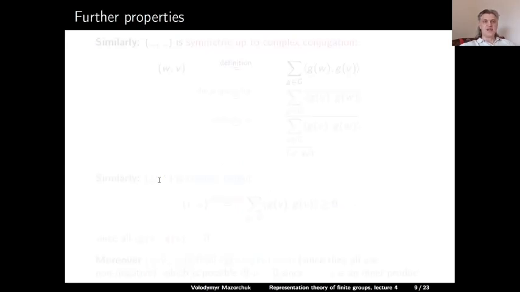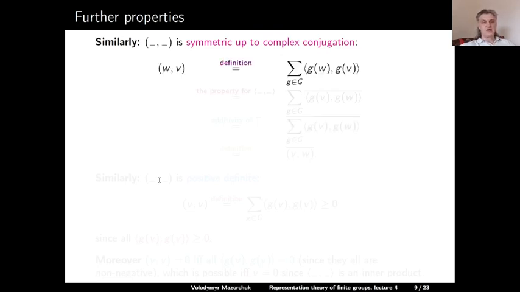Next, let us check that the new inner product is actually symmetric up to complex conjugation. Take any two elements v and w in V, and let's write the new inner product of w and v. By definition, this is the sum over all g in G of the old inner product of g of w and g of v.